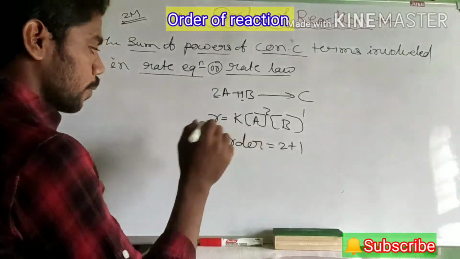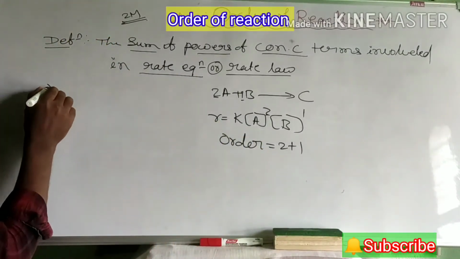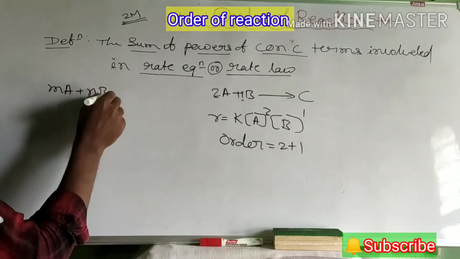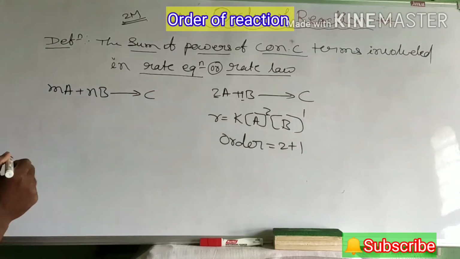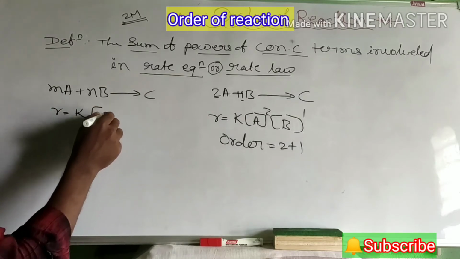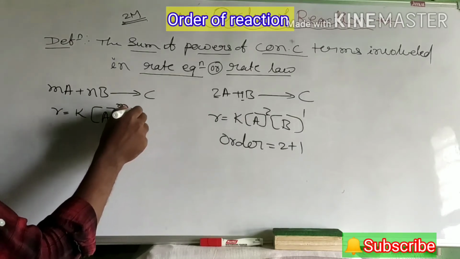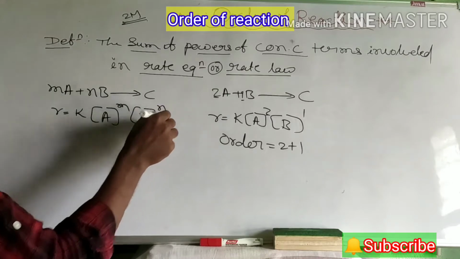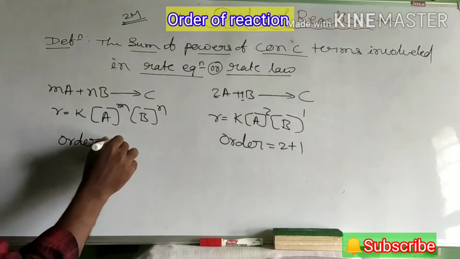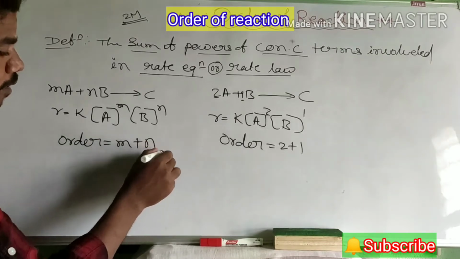Yes, right. Therefore, in general, m moles of A plus n moles of B gives C. What is the rate? Rate equals K into A to the power m and B to the power n. Therefore, what is the order of this reaction? Order of reaction is m plus n.